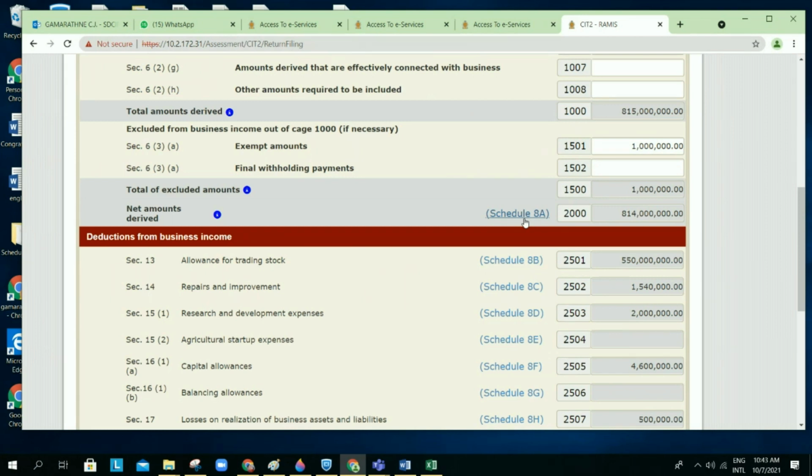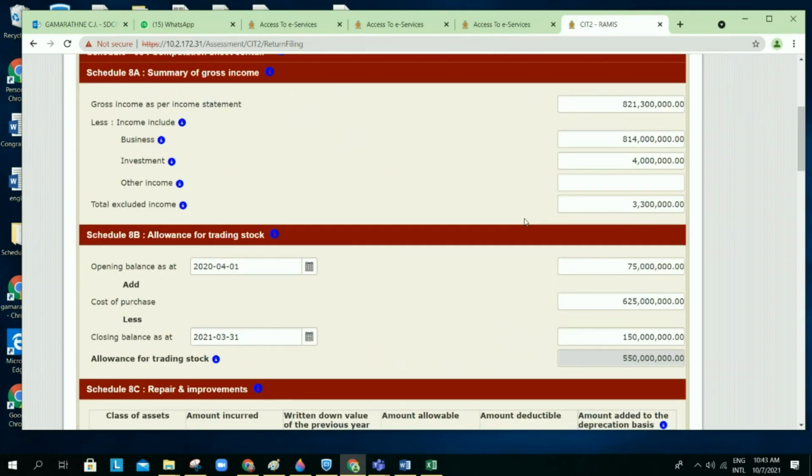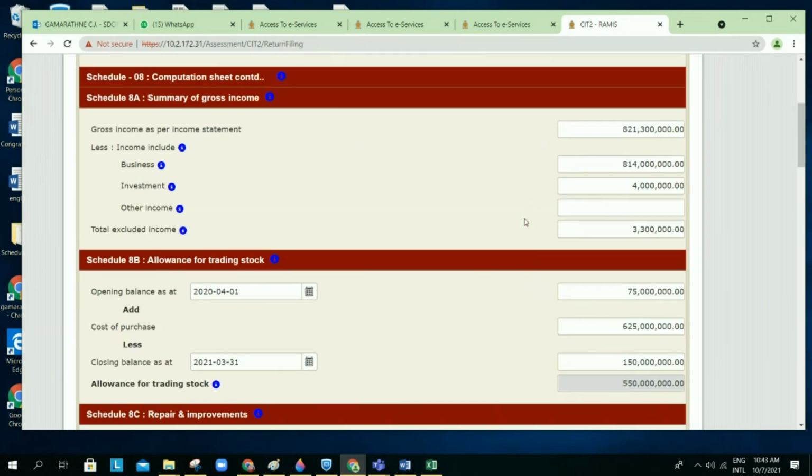Now you can see there's a subschedule, schedule 8A, right? Schedule 8A, actually it is not directly connected with the 814, but in this schedule we try to compare accounting income or turnover with the tax income, right?